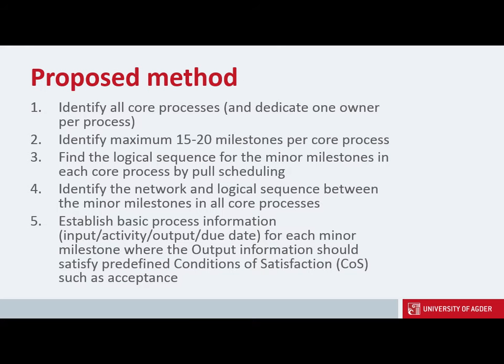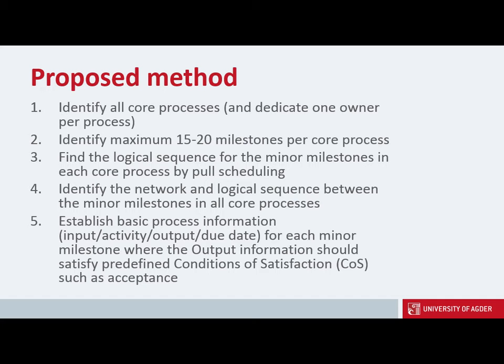And if I address in more detail how to develop this process-oriented, pull-oriented milestones, we have made five points here. First, identify all core processes and dedicate one owner for each core process.